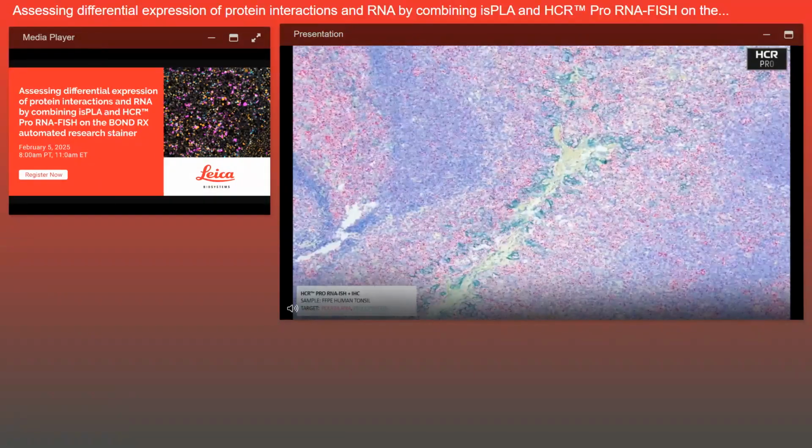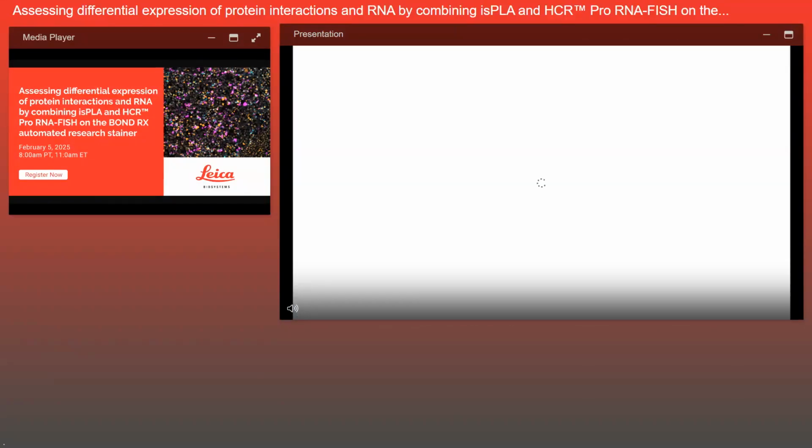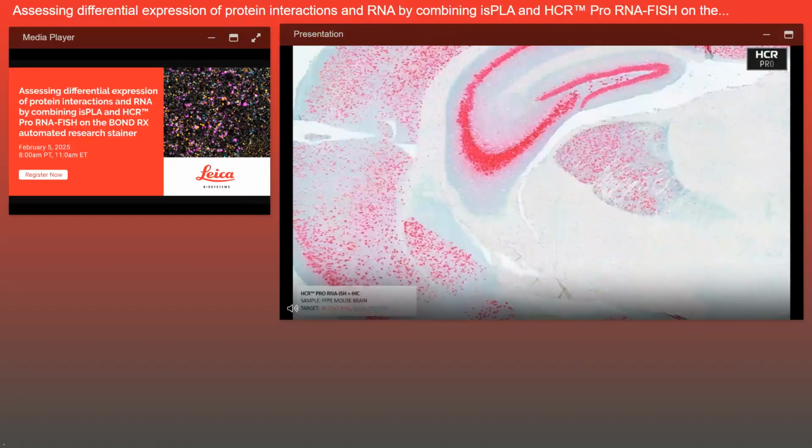This is POLR2A RNA and PDL1 protein done on the same tissue on the Bond. And this is just another example of that as well. This is SLC17A7, the RNA target, and VGLUT1, the protein target.